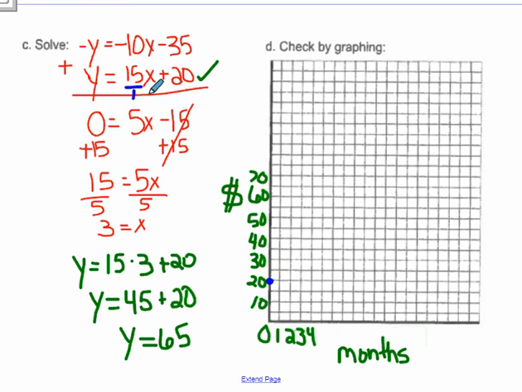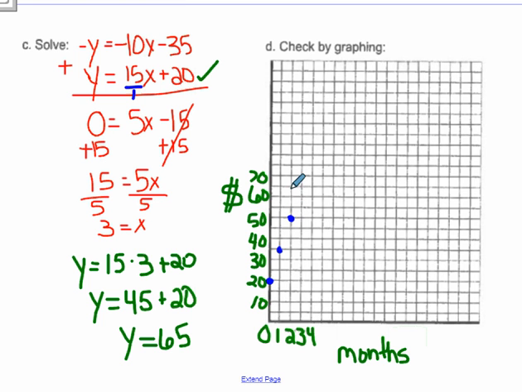It's 15 over 1, don't forget. So I'm going to go up 15, and you have to be careful because I did do my y by 5s. So when I count, I have to count by 5s. So I'm going to go up 5, 10, 15, and over 1.